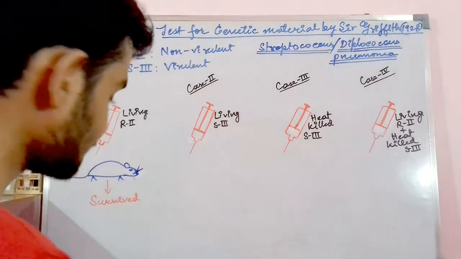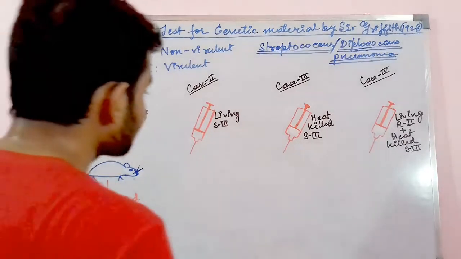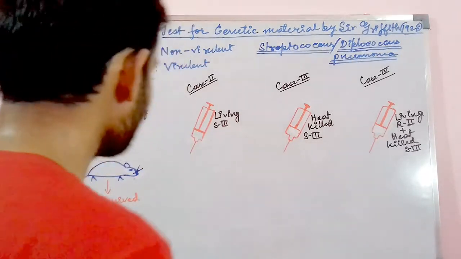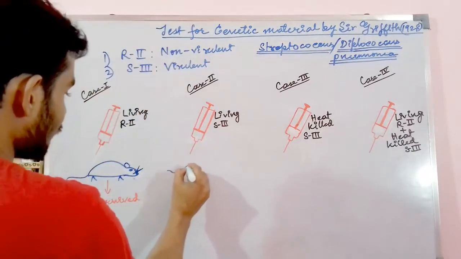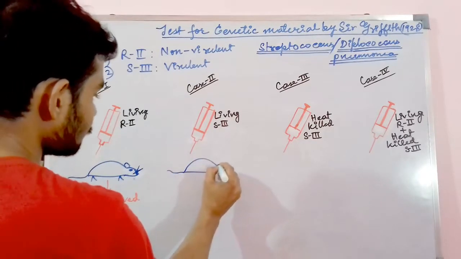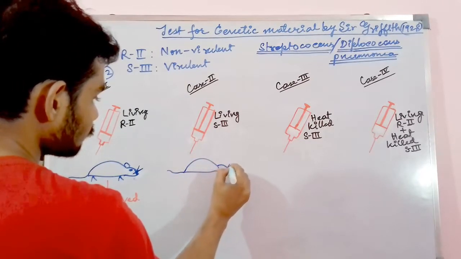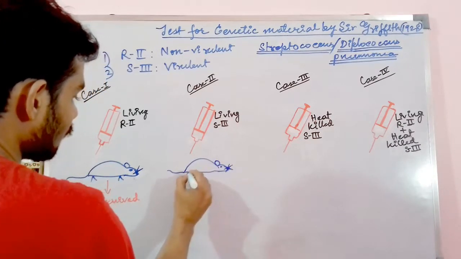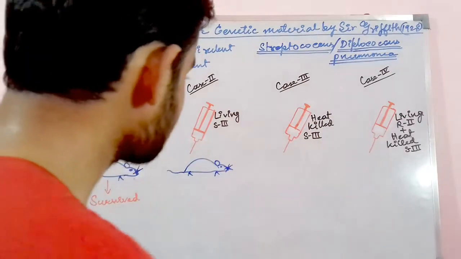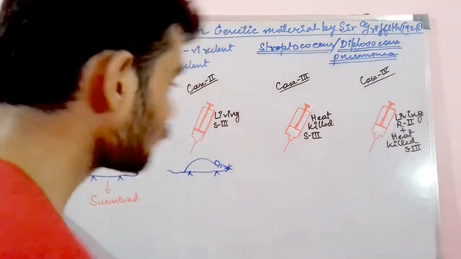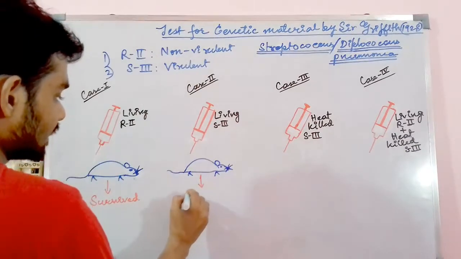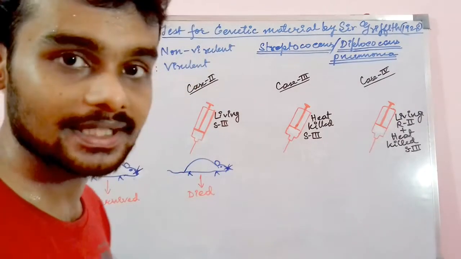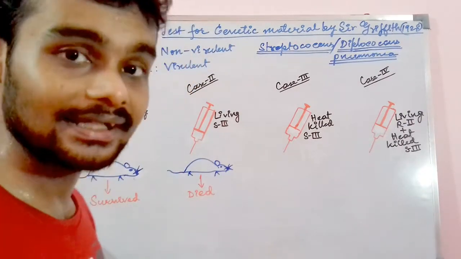Okay, and in the second case also, he injected the S3 type culture of the bacteria in mice in the same way like he did in case 1. Okay, and as a consequence of this, the S3 type was virulent, that is pneumonia causing, so the mice died. Because this S3 type virulent bacteria caused pneumonia in mice, and it killed the mice.